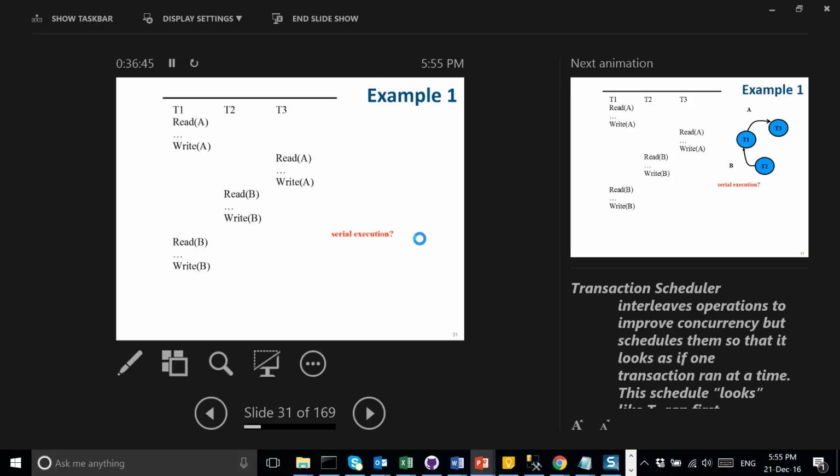Once this one commits, commits means it made the changes permanent. And that's it. I am 100% sure there is no abort, there is nothing. And the reason why it's locking is because it is protecting this one from dirty read. That's why they have to wait.